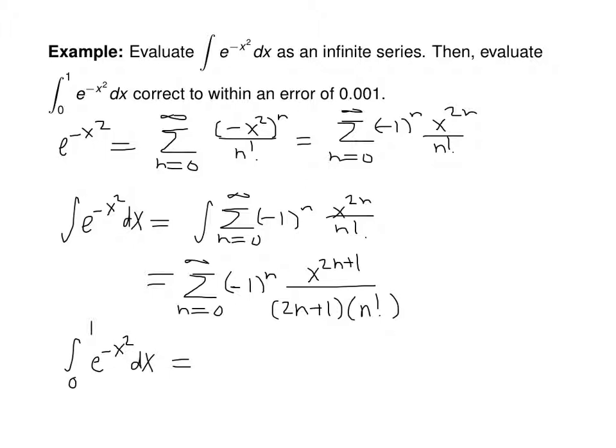Now notice putting in 0 will yield 0 because all the terms will have 0 to some power, zeroing them all completely. Inputting 1 for x will have 1 to the 2n plus 1. So that will be the sum from n equals 0 to infinity of negative 1 to the n, 1 over 2n plus 1 times n factorial, which converges by the alternating series test.